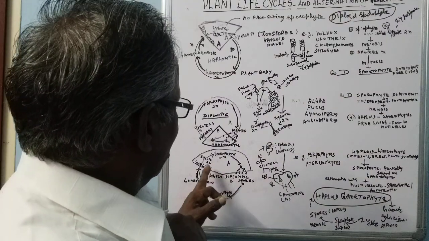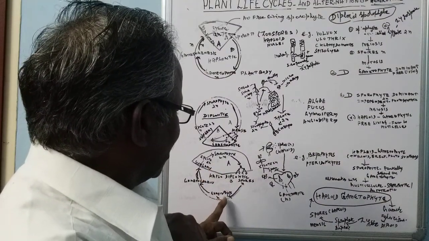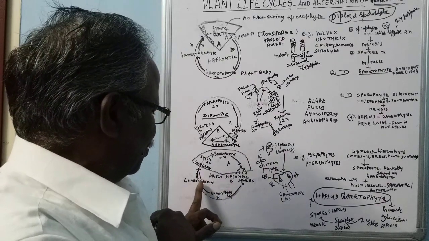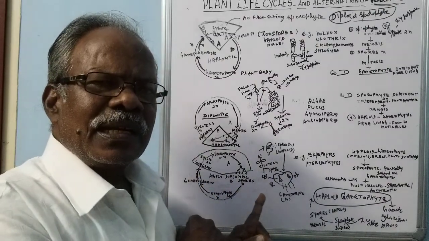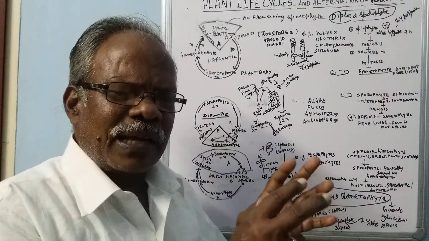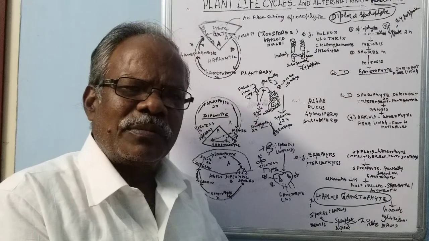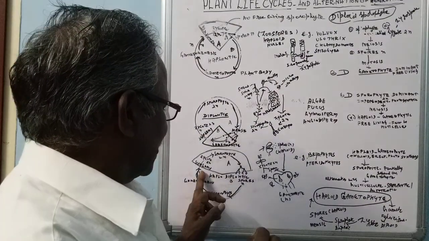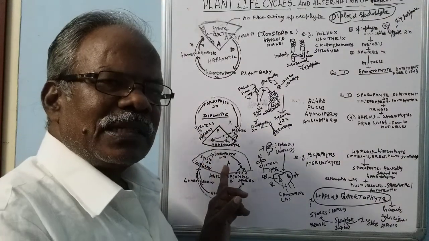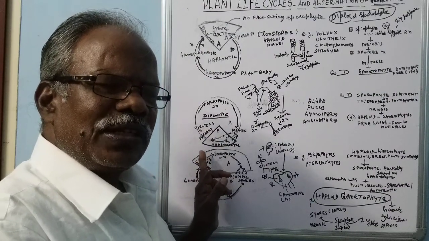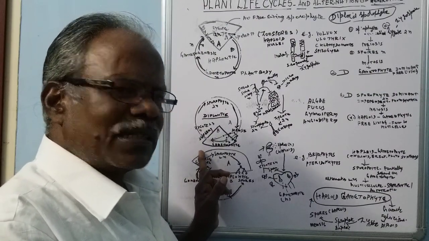The gametophyte plant has n number of chromosomes, and that gives rise to gametogenesis. And in the plant we can see the archegonium and antheridium, and that fuses together, called syngamy. Syngamy, the united, fused male and female gamete is called zygote.